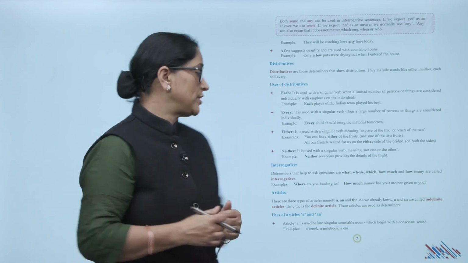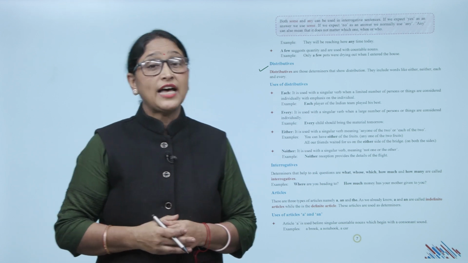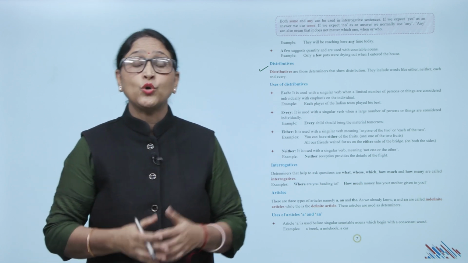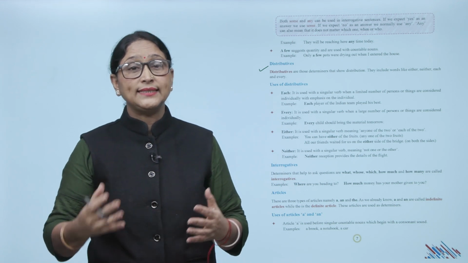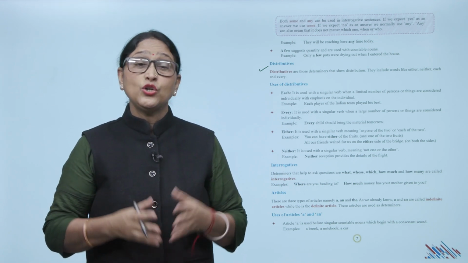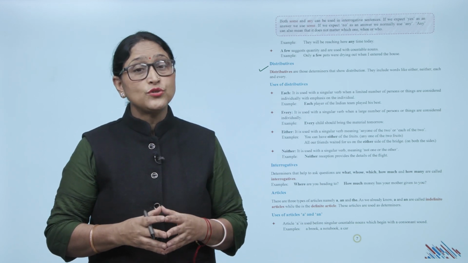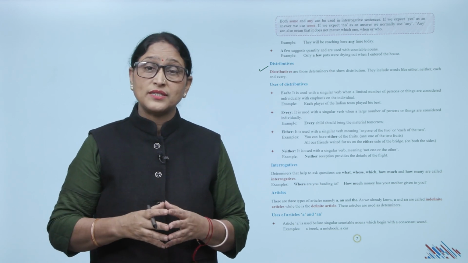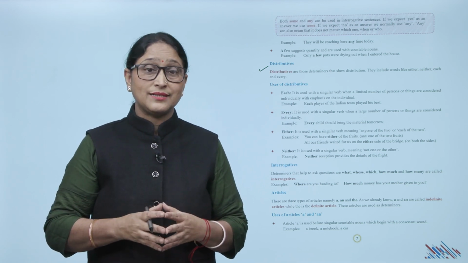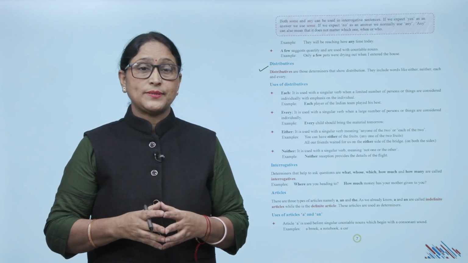Next is distributives. Distributives are those determiners that show distribution. They include words like either, neither, each and every. Uses of distributives. Each is used with a singular verb when a limited number of persons or things are considered individually, with emphasis on the individuals.